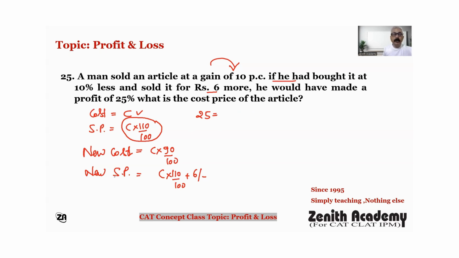And gain means new selling price, C into 110 by 100 plus 6, minus this cost price, upon cost, which is C into 90 by 100, into 100.